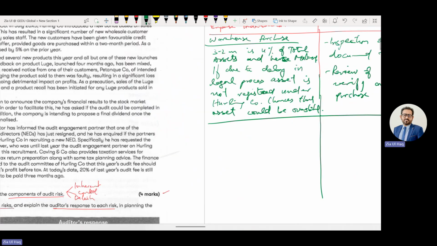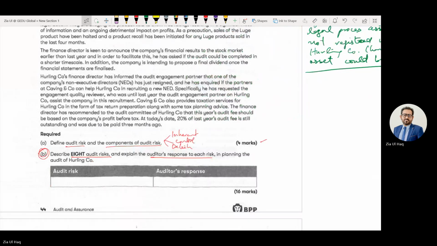For this question, if 16 marks, if you can cover this question within half an hour, enough. Because in MCQ, we can save some time. For this 16 marks, 16 multiplied by 1.8, we are having about 28 minutes. But even if you complete in 35 minutes, that will be enough.